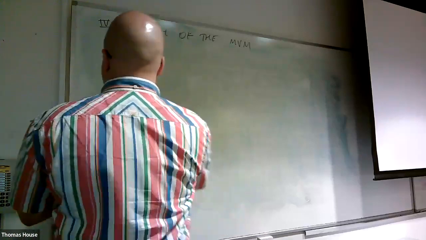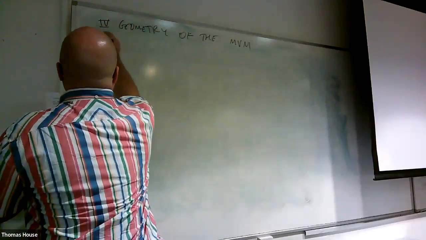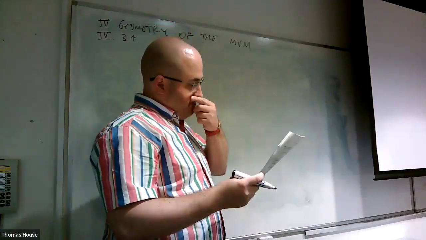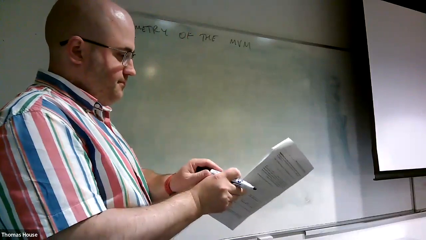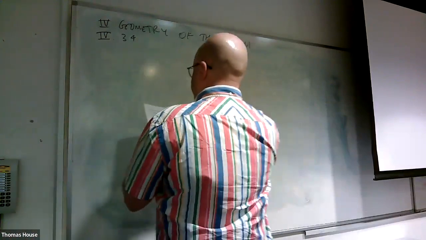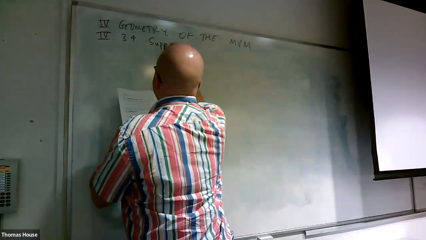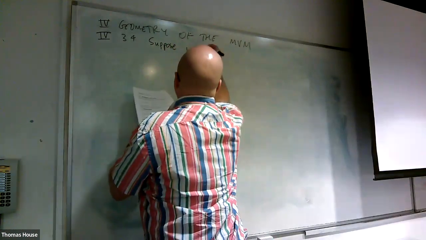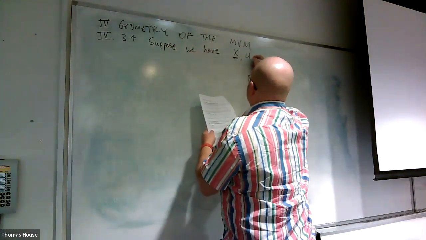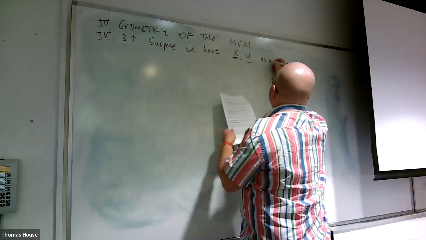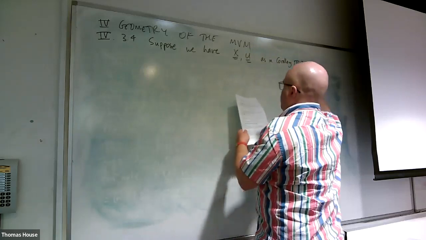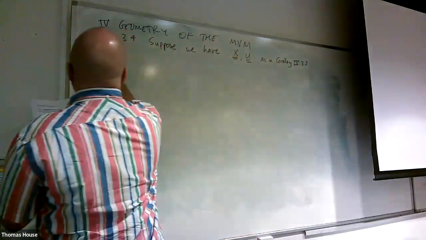Okay, so that was the Mahalanobis transform in practice, and that's going to let us define this multivariate equivalent of measuring things in sigma. So suppose we have X and U as in corollary 4.3.2.